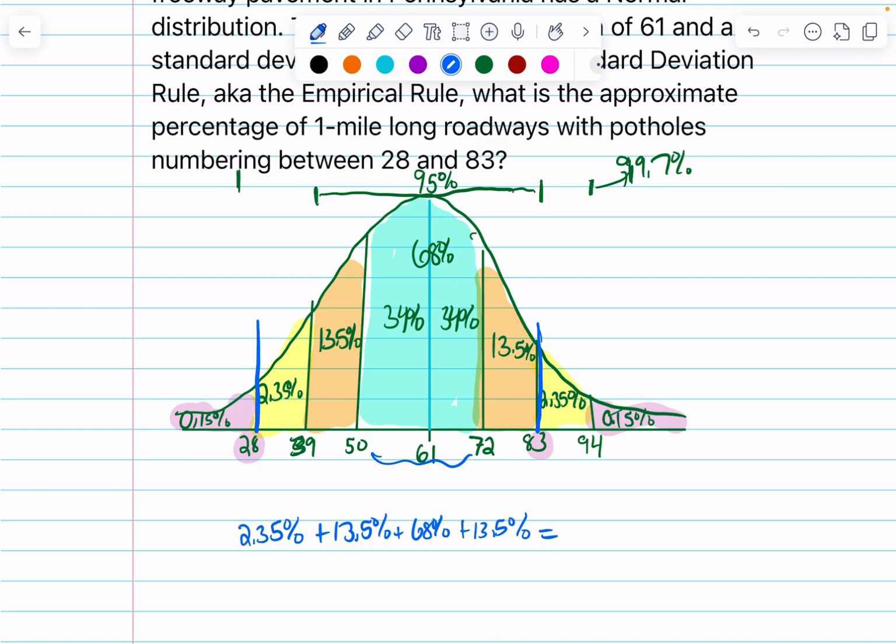It's 2.35 plus 13.5 plus 68 plus 13.5. And I made a typo, so I gotta type it again. Okay, 97.3%. And that should be the answer.